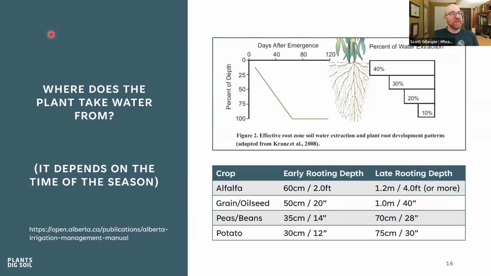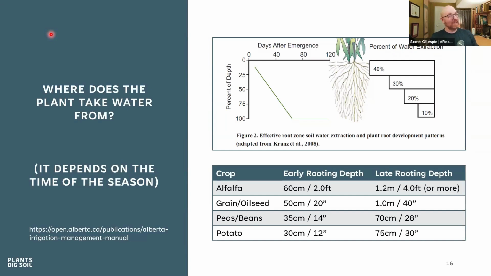Ideally, if you can start the year with the full root zone filled up, say if we're talking grain, if you've got a 1 meter rooting zone where its roots can go down to a meter, if you can start with that rooting zone full, once you get the plant established, you don't let it get too dry, but you try to force it to keep rooting down.